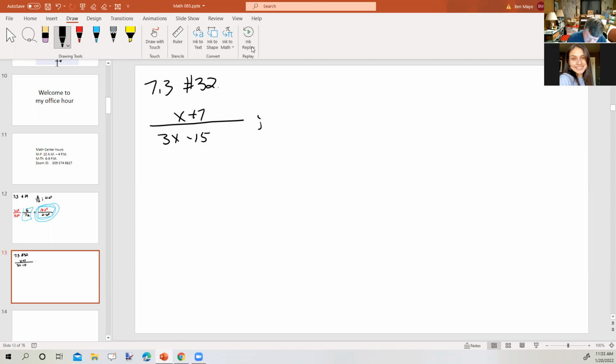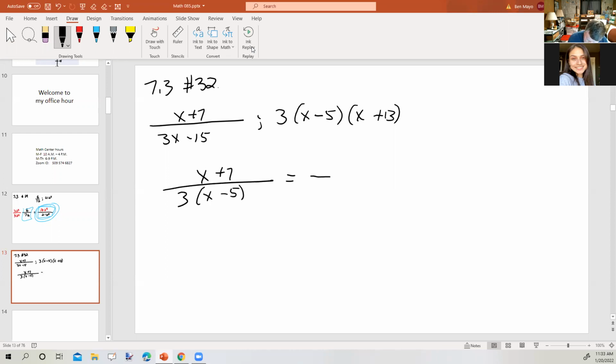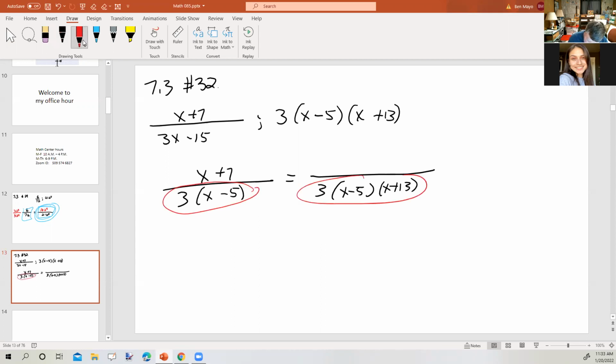And we want the new denominator to be 3 times x minus 5 times x plus 13. So basically, I'm going to recopy the original fraction, only I'm going to factor the denominator completely. Okay, so now this is our new denominator. So we want this to look like that.